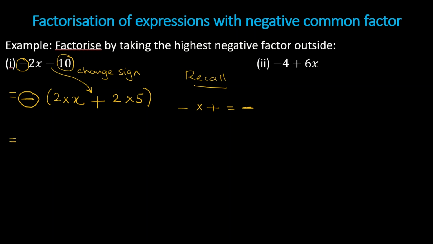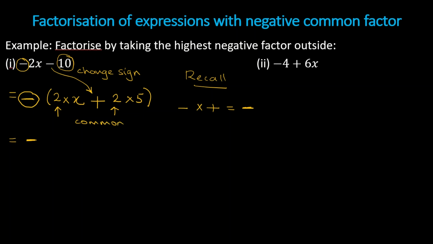So we continue. The negative remains outside the bracket. Here you have 2 times x. Here you have 2 times 5. Which number or letter has appeared twice? It is simply the number 2. Here you have 2, here also you have 2, meaning the 2 is common.